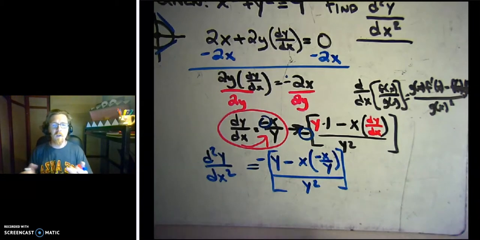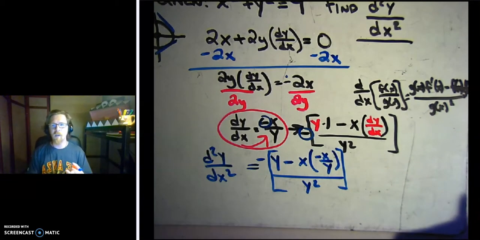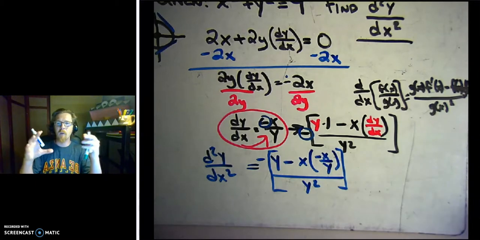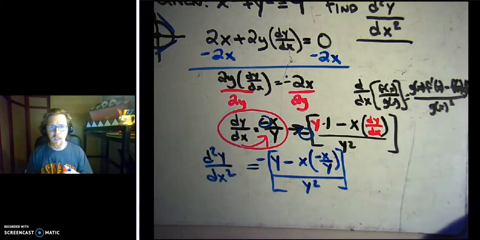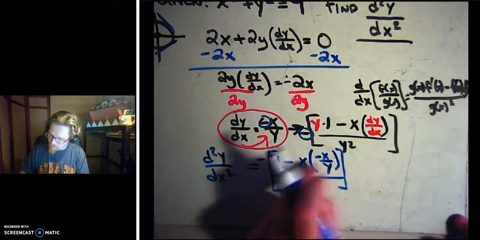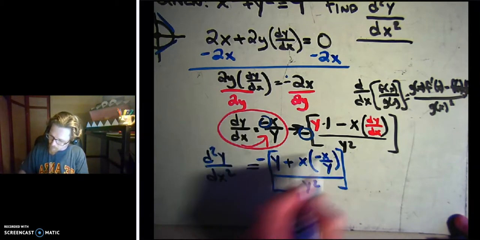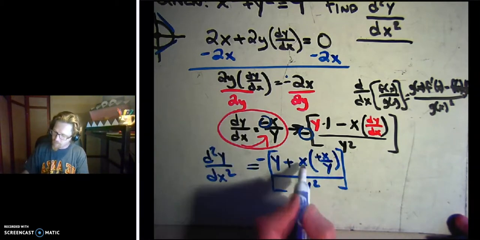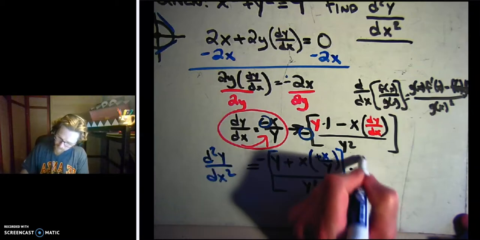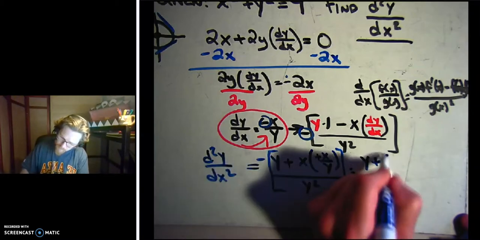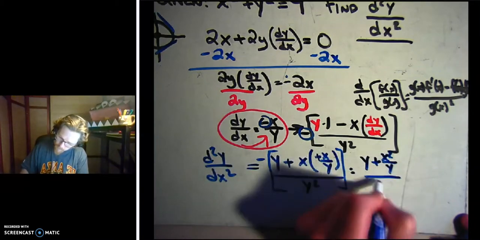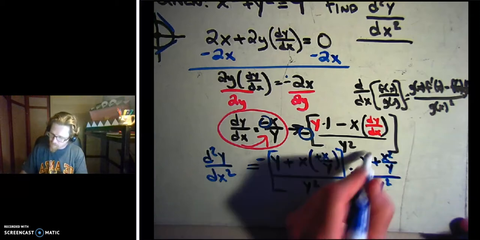Now, this can also be simplified in calculus class, just like any other math class. We like to break our answers down as small as we can. So this x and this x, well, this is going to become a plus because I have a minus minus. This is going to become x squared, so I have y plus x squared over y, over y squared. It's still a negative.